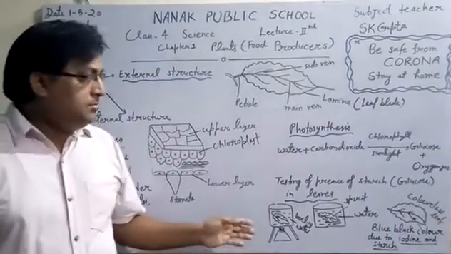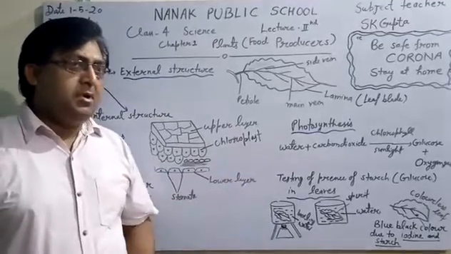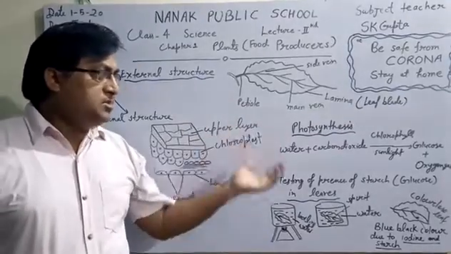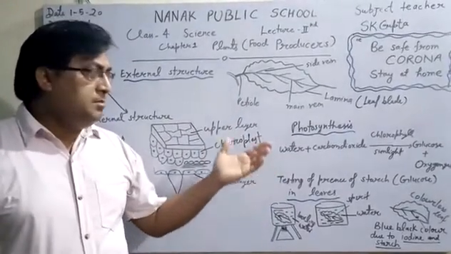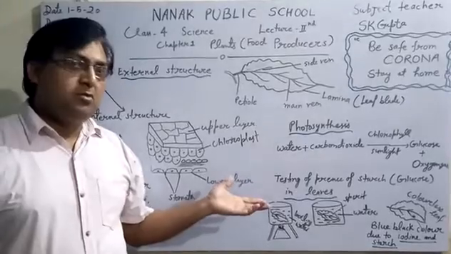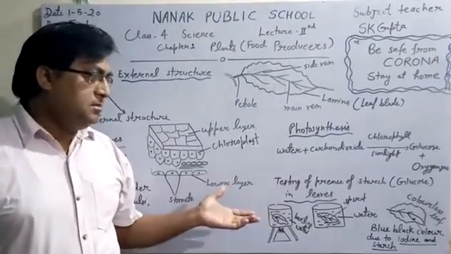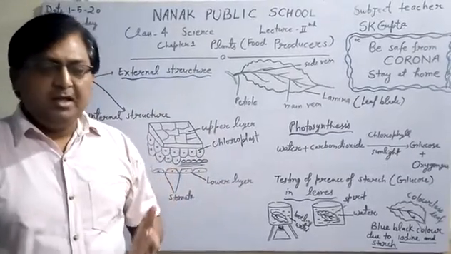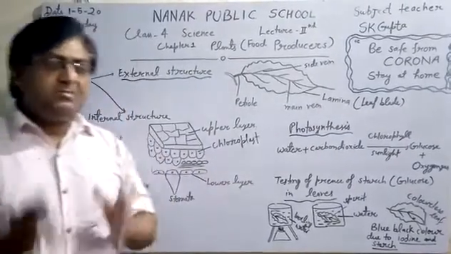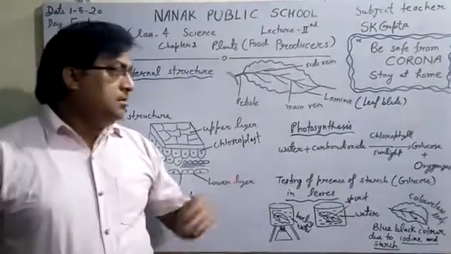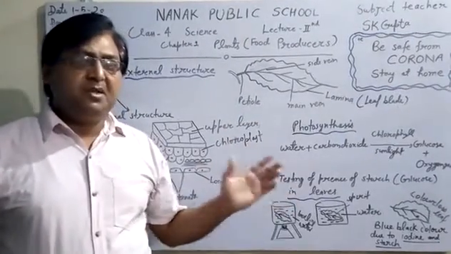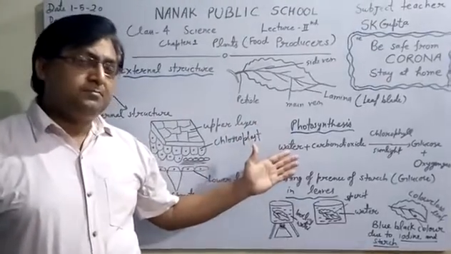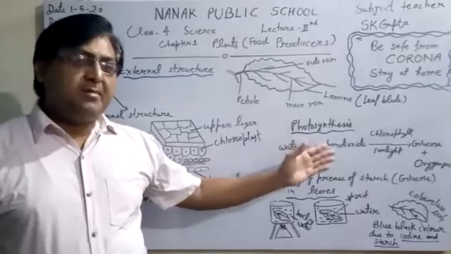Dear students, you have to identify why plant leaves produce glucose or starch. That process is known as photosynthesis. You can say photosynthesis is a process in which green plants prepare their food with the help of water and carbon dioxide.